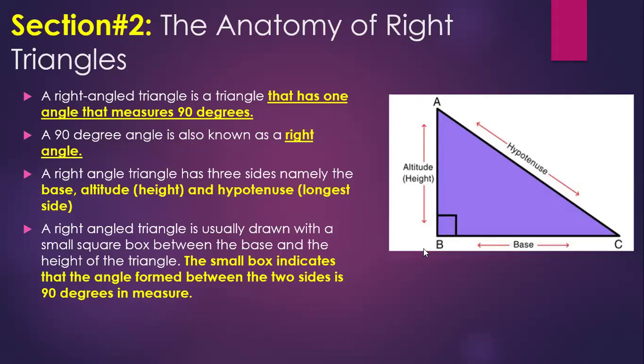The definition of a right angle triangle is it indicates 90 degrees. It's a triangle that has what? Read the first one. It's a triangle that has what?